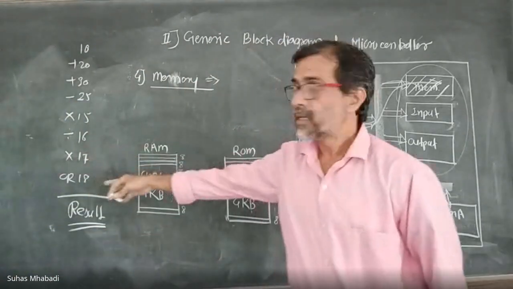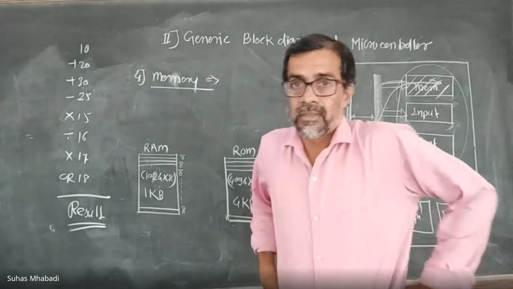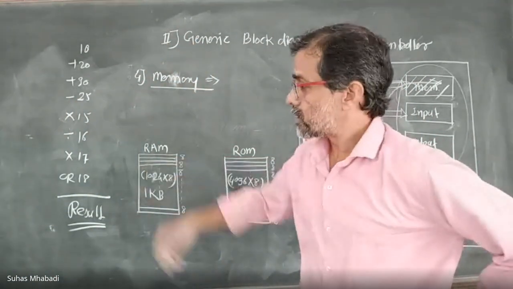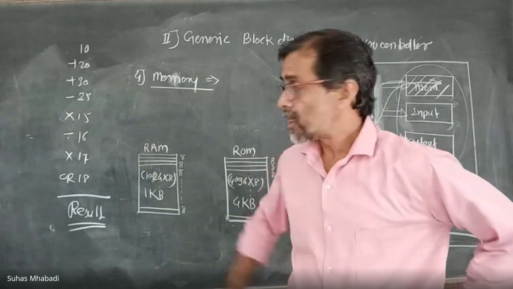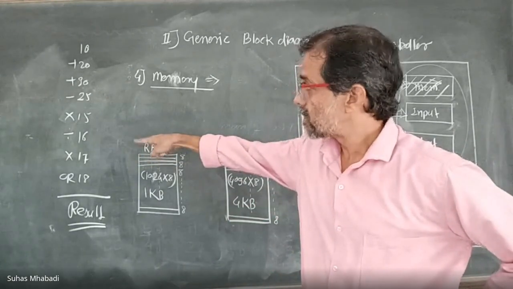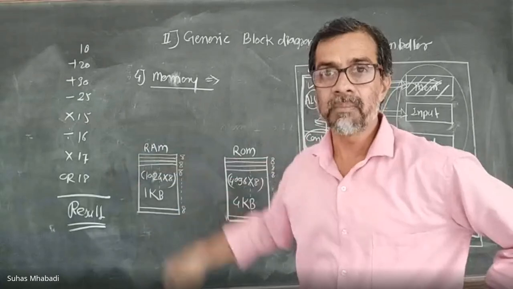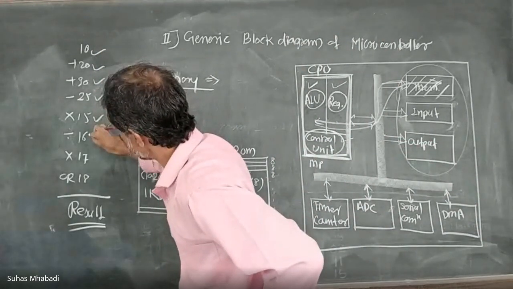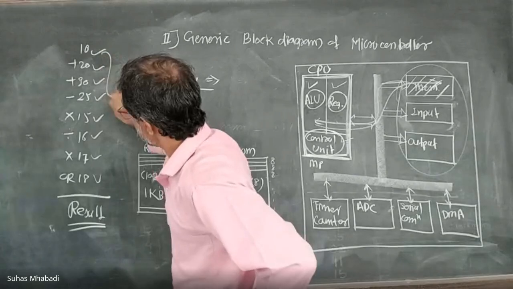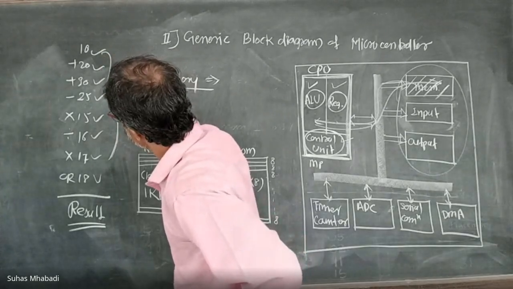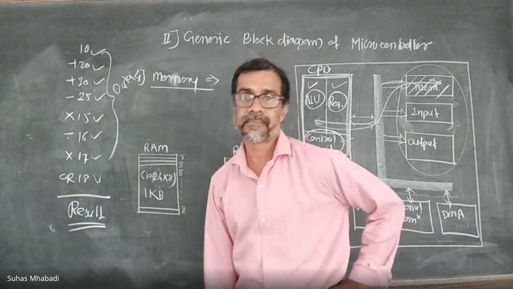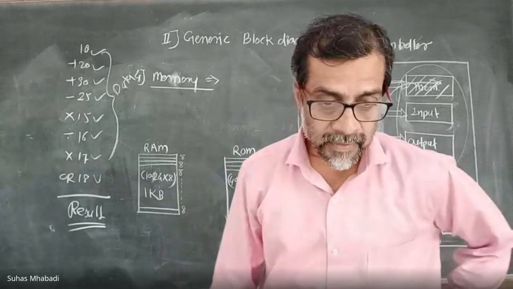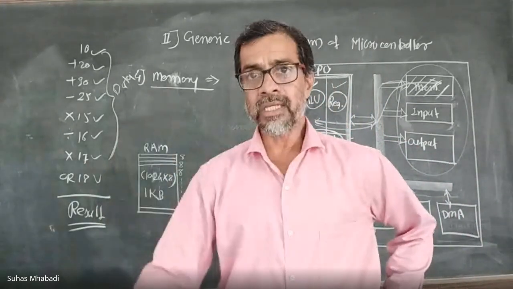Somebody asked me, please write a program to execute this. Now in my program, I am dealing with numbers 1, 2, 3, 4, 5, 6, 7, 8. This is called data. So one thing is clear: when I am writing, my program consists of data.